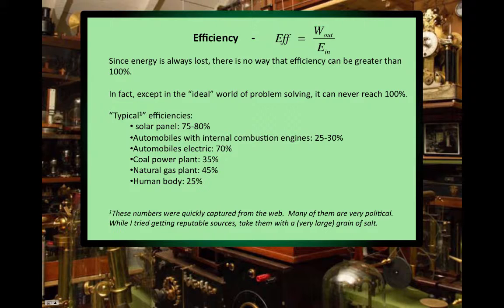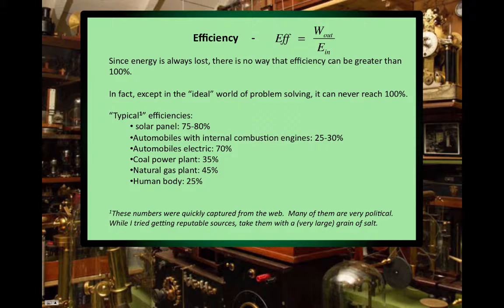Now bear in mind these numbers I pulled off the web very quickly today. Many of them are very political. The nuclear power plants had efficiencies ranging from 30% to 90%, depending on what website I looked at. And there was no way I was going to use any of those numbers because there was too much disagreement.